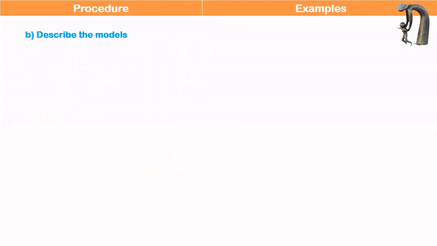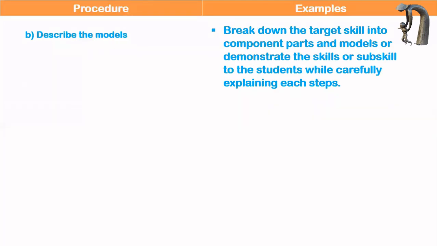Next one is describe the model. Now here, to describe the model, which is very important, you have learned about the task analysis. So here, to describe the model, we need to break down the target skills into component parts and model, or demonstrate the skills or sub skills to the students while carefully explaining each objective.